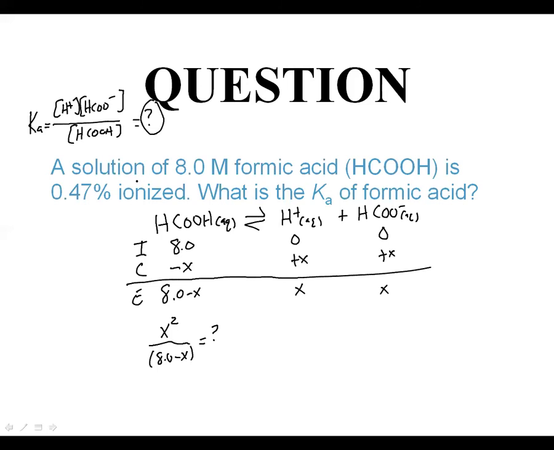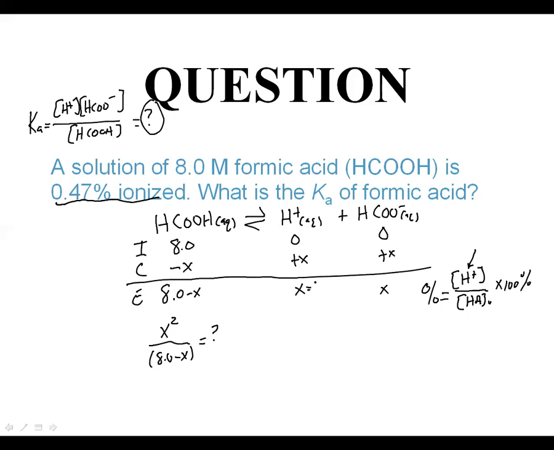The way we could do that is with the other piece of information that's given to us. We know that this acid is 0.47% ionized. And percent ionization, as we just saw, is the concentration of H plus divided by the initial concentration times 100%. So really what we need is H plus, because H plus equals x in this case.